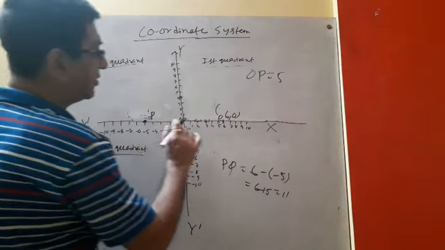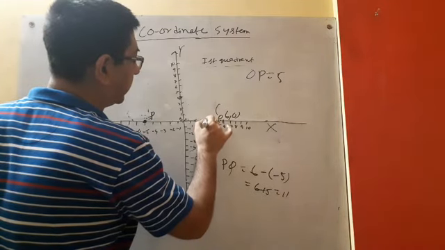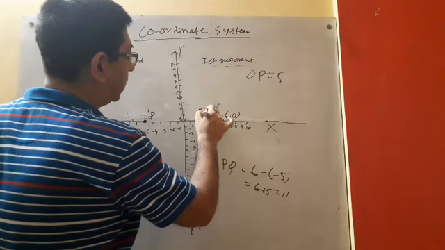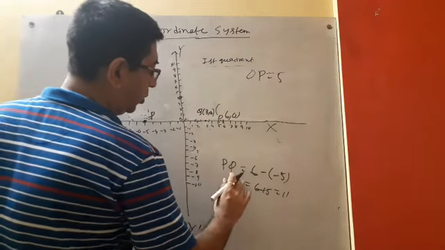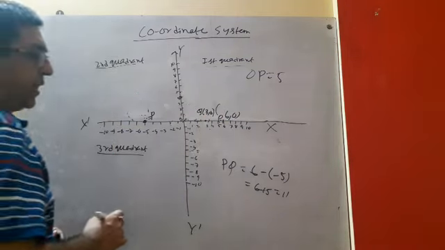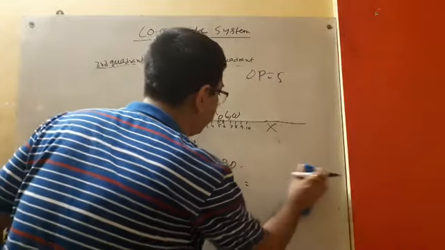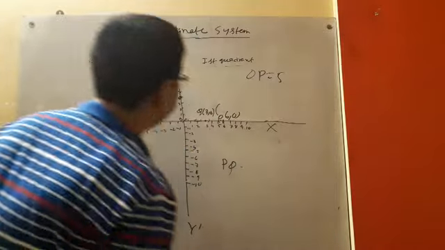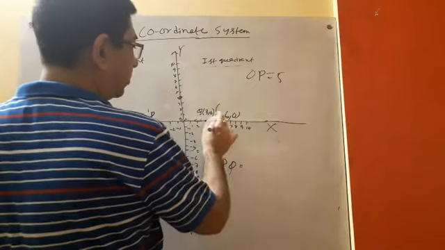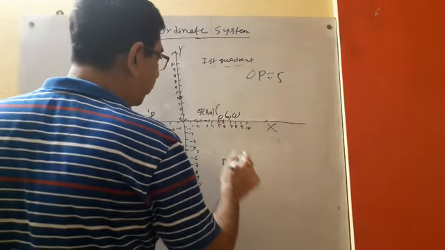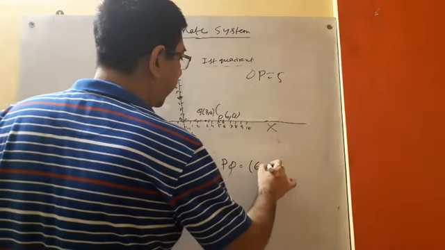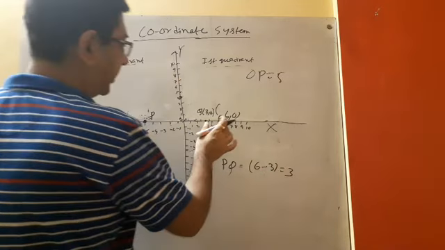Suppose this point is here, 3, 0. This is Q, 3, 0, right? So here, what is the distance of PQ? What is the distance between P and Q? What will I write? PQ, that is 6, 0 and 3, 0. PQ is 6 minus 3, that is 3.